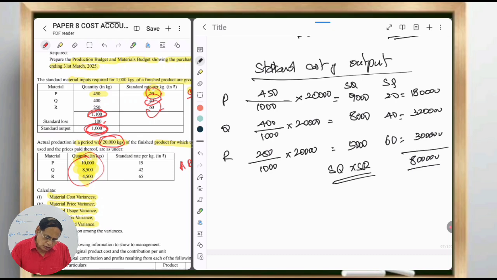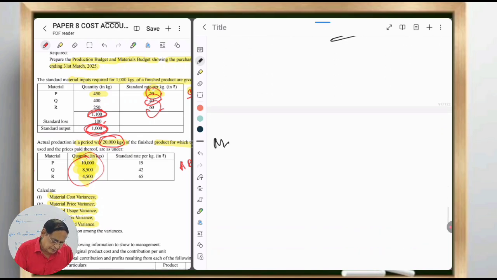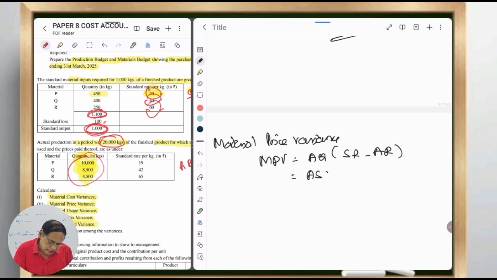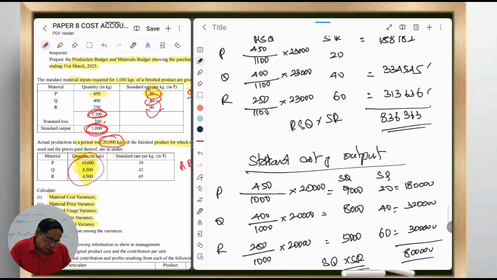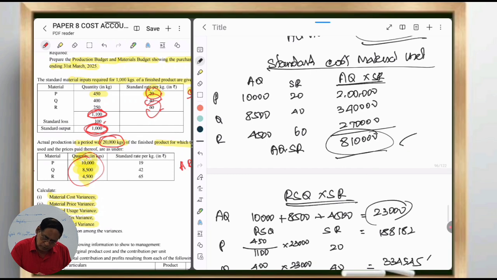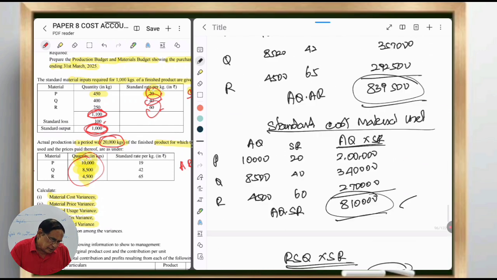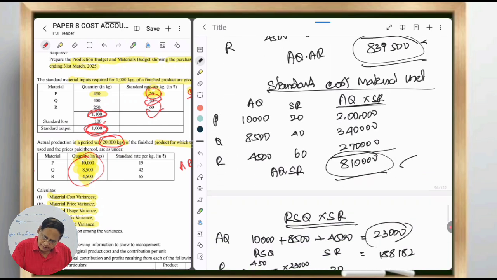Clear? So material price variance. The formula for material price variance is actual quantity into (SR minus AR), that is AQSR minus AQAR. AQ into SR is 8,10,000 rupees, and AQ into AR is 8,39,500.